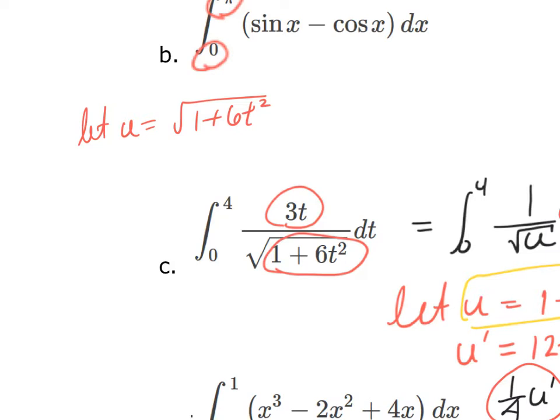If you would have used that, what would your derivative have been? Raised to the negative, and then what do I need here?